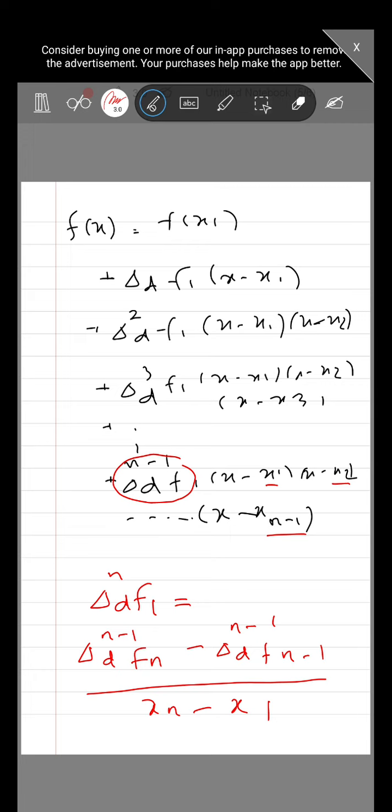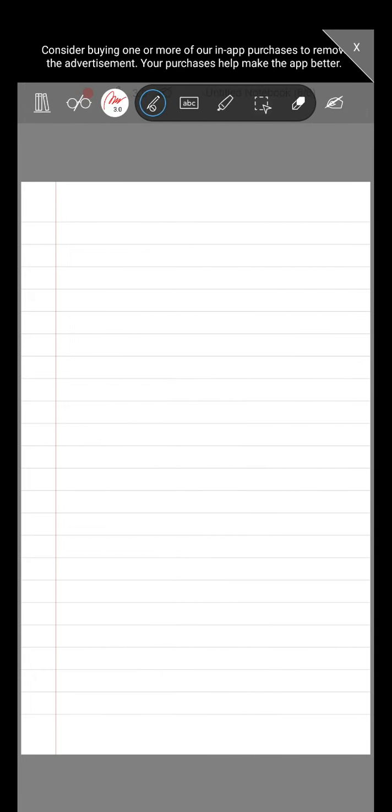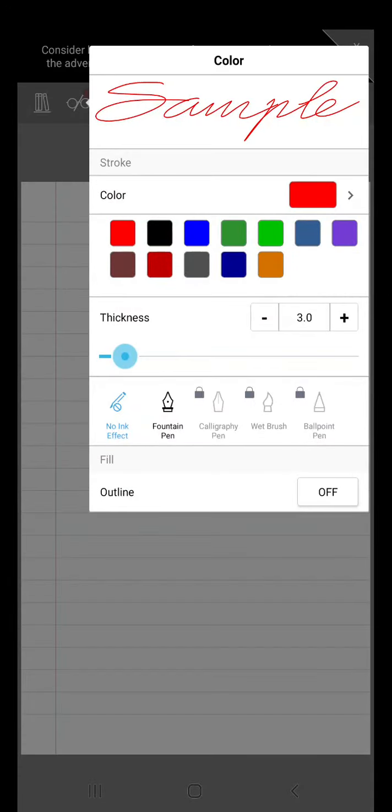So let's take an example. Now suppose we have been given the following values of x and f(x).